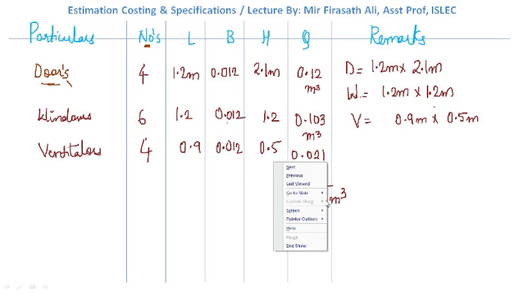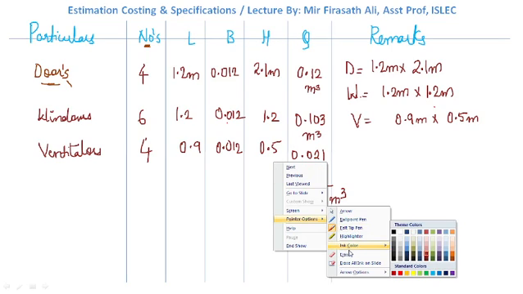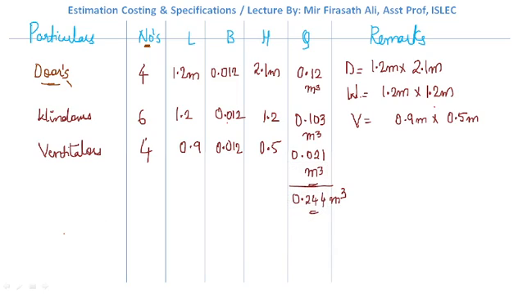So, now net plastering quantity. Now, what we need? We need the net internal plastering quantity in meter cube.